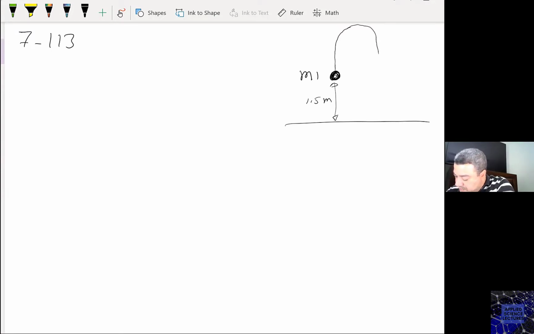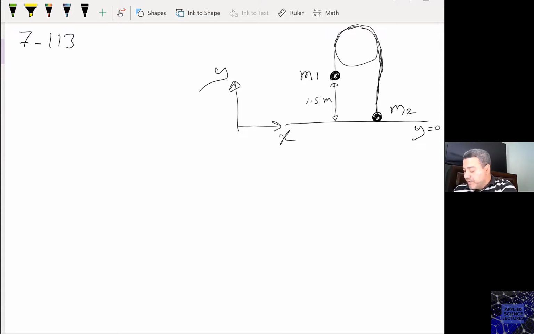It passes over the pulley, and this man number 2 is right here. Now this is my coordinates. Positive y is up. So this is my y equals 0 reference.